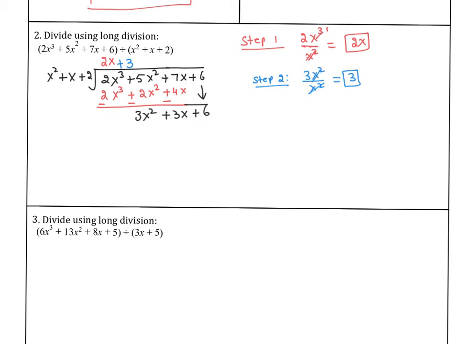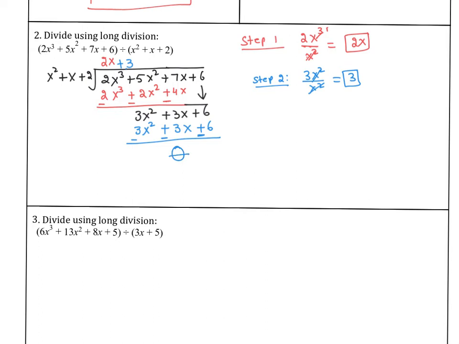When you multiply 3 by this polynomial, you write it underneath here. 3 times x squared is 3x squared, 3 times x is 3x, 3 times 2 is 6. Change their signs and everything cancels, and you get the remainder 0.